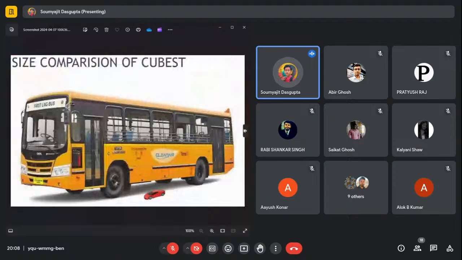Based on their size, here you can see a bus, and here a small car. This small car can be compared with a 1U CubeSat. It is a very small and compact size compared to a larger satellite.